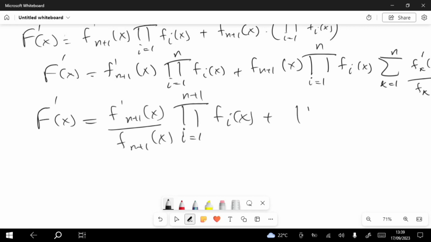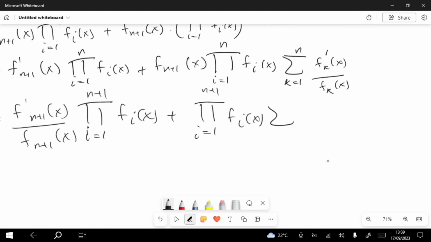Plus, this becomes the product as i goes from 1 all the way to n+1 of f sub i of x, times the sum as k goes from 1. What in the world is that? k goes from 1 all the way to n of f sub k prime over f sub k.